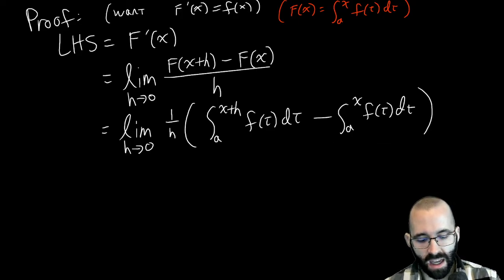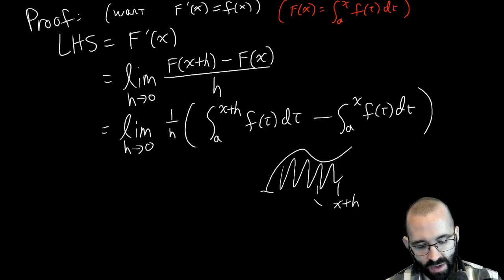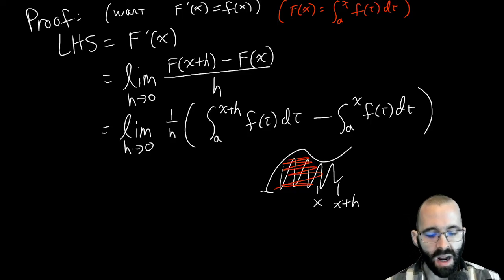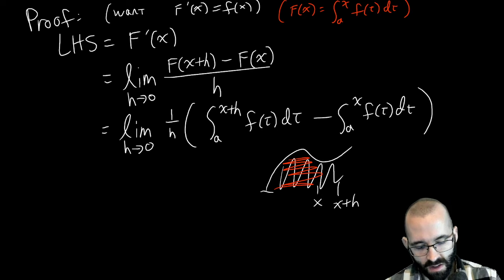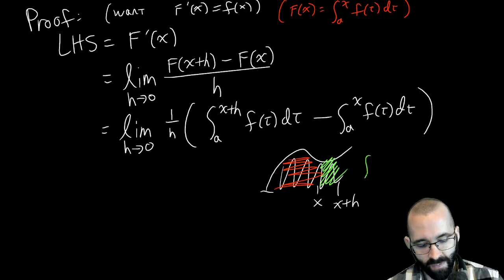So this is like a big area from a to x plus h, and the second one is only going up to x. So we take the white area and we subtract the red area. Well, what are we left with? White minus red is going to be green: the area from x to x plus h.